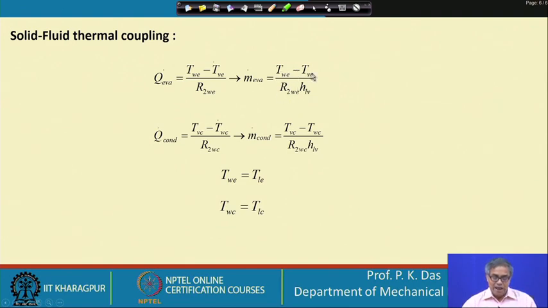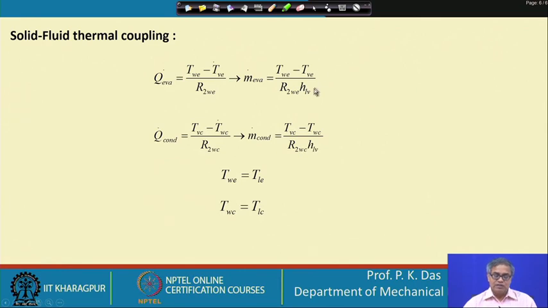The wick temperature can be related to the liquid temperature in the evaporator. Liquid and vapor temperature can be related by the Young-Laplace equation, and the resistance calculation we have mentioned earlier.